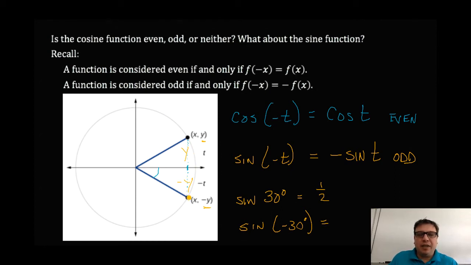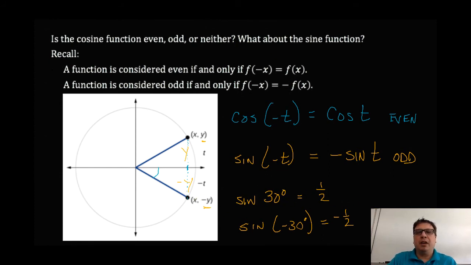If I look at this, this would be negative 1/2. So notice that when I take the sine of negative 30, I'm ending up down here, so that's negative 1/2. And that just follows that if I take the sine of the opposite angle, in other words, I'm rotating down instead of up, if I'm rotating clockwise, it's going to give me the opposite of the original.